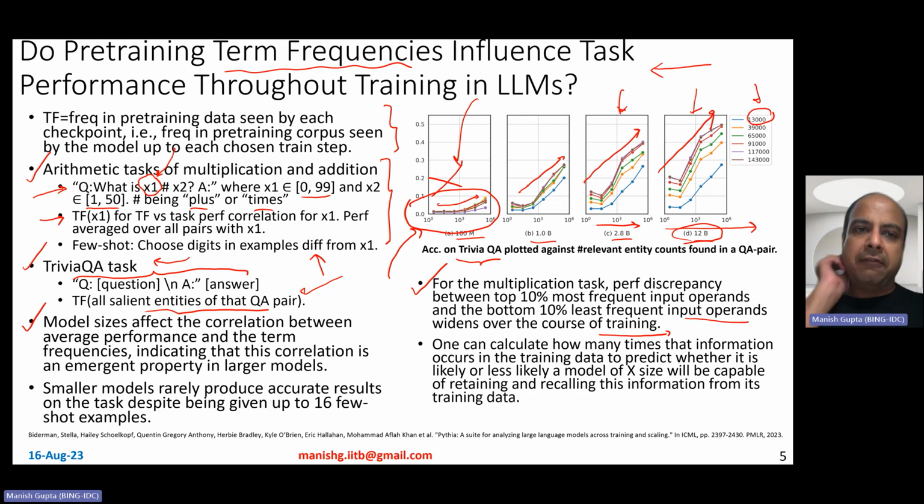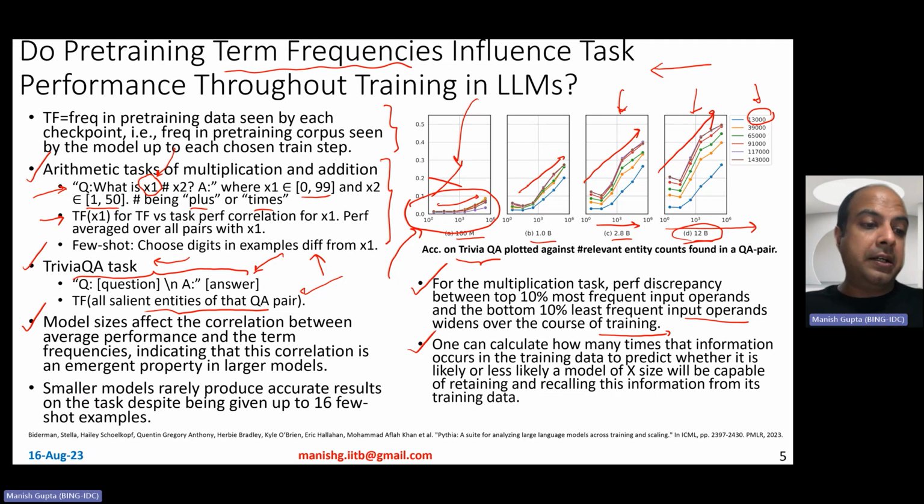And this experiment is very meaningful because you could possibly use this knowledge: if an answer is seen several times, then the probability that the model will correctly guess that answer is very high. So you can infer from this experiment that one can calculate how many times that information occurs in the training data to predict whether it is likely or less likely that a model of some size will be capable of retaining and recalling this information in a question answering kind of task.